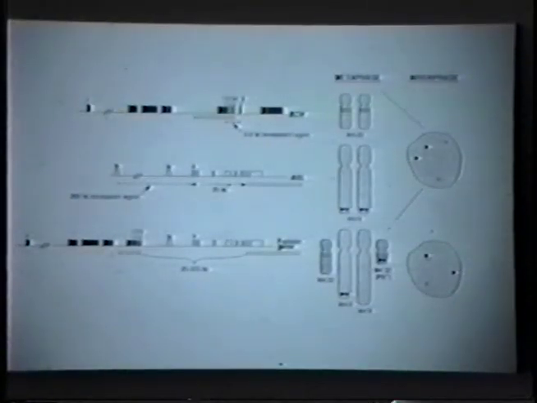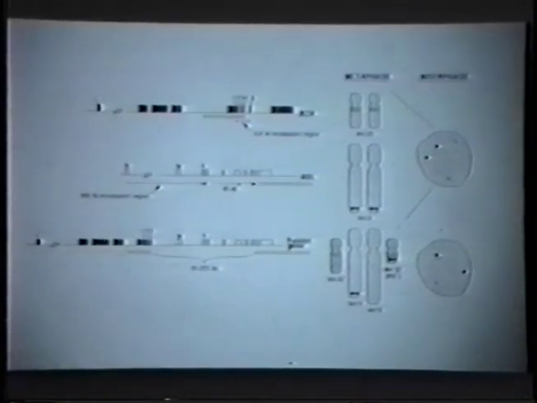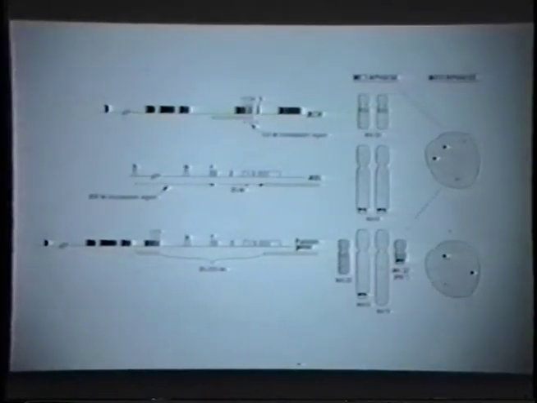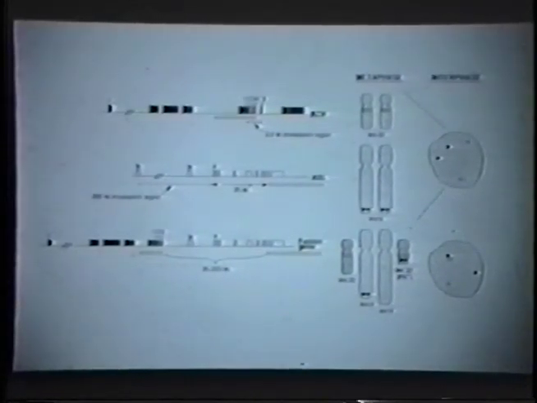Well, the other thing that you can detect using these kinds of probes are structural rearrangements. One of the genetic diseases that we know a lot about is chronic myelogenous leukemia. Turns out that this disease is almost uniformly associated with the rearrangement between the BCR gene located on chromosome 22 and the ABL gene located on chromosome 9.